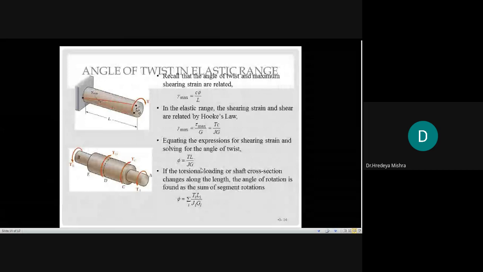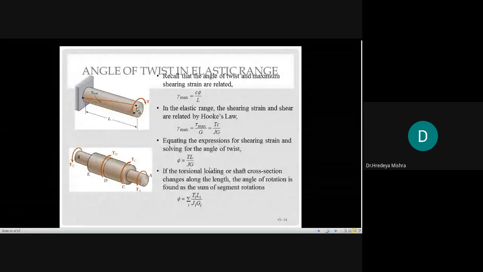Okay, so the shaft is like this. If the torsional loading or the shaft cross section changes along the length, the angle of rotation is found as the sum of the segment rotations.